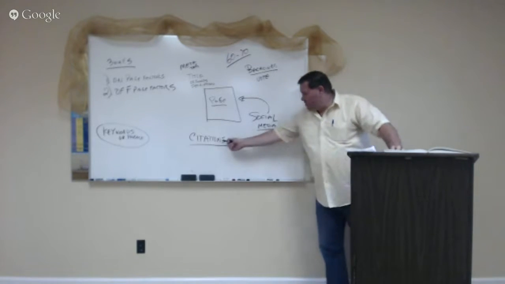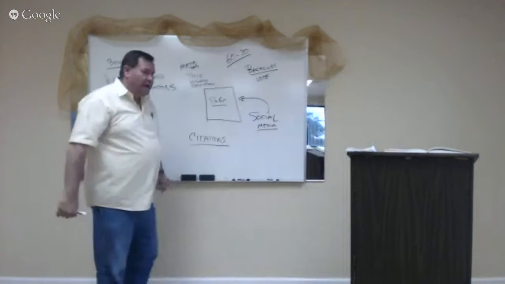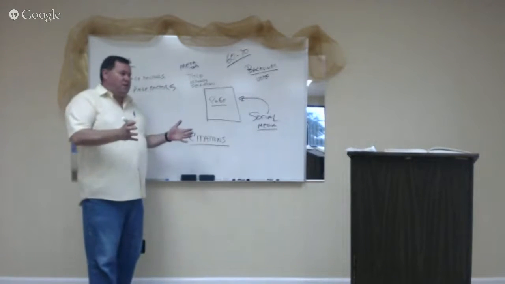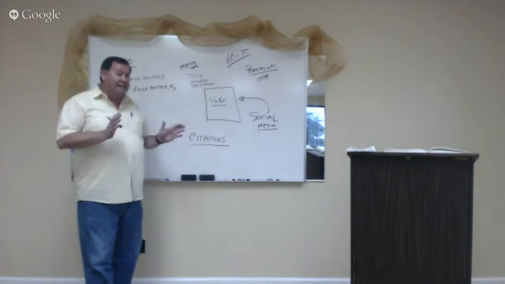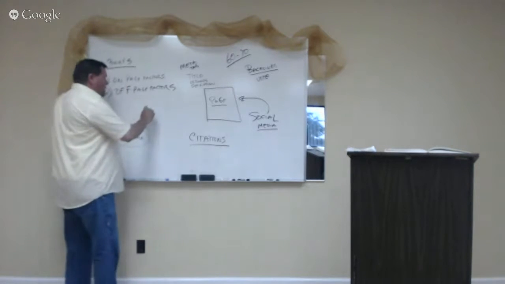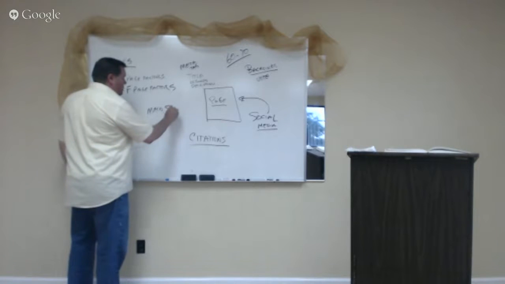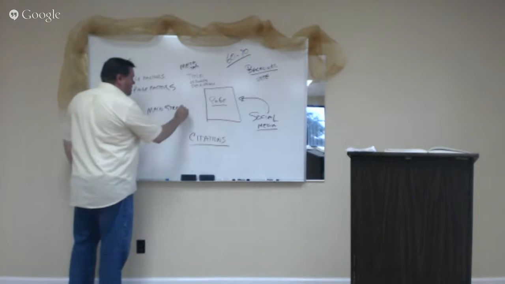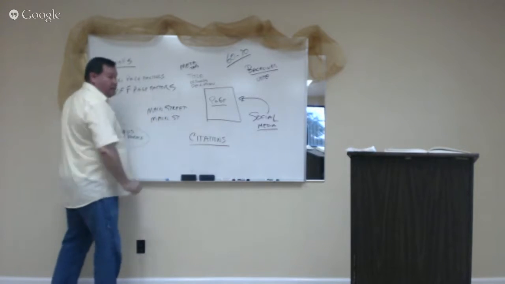Then it goes off and it looks at the citations. And it says, oh, look, this business is registered on 75 websites with the exact same name, address, and phone number. You can't put Main Street on one citation and then do Main Street with a dot on another citation.